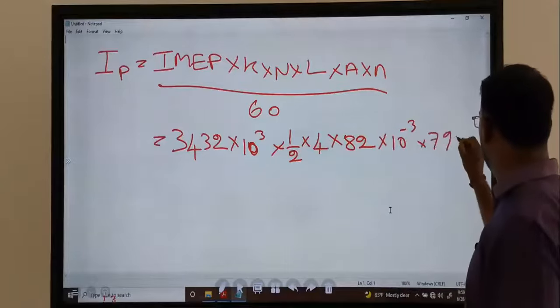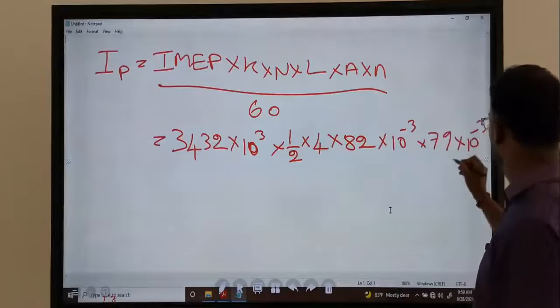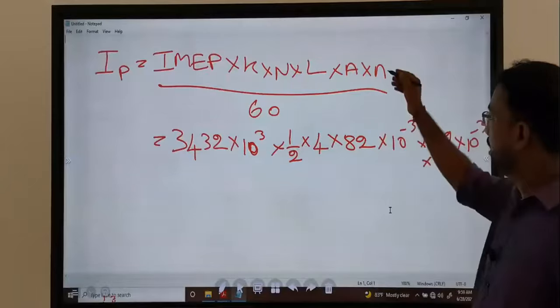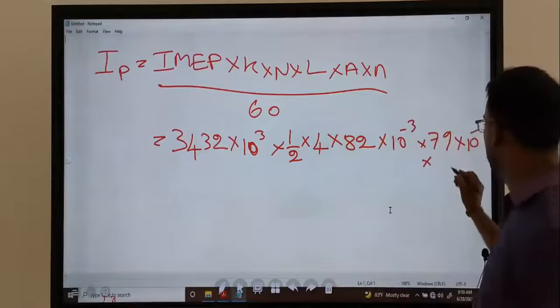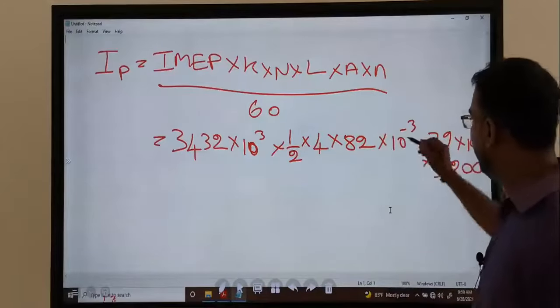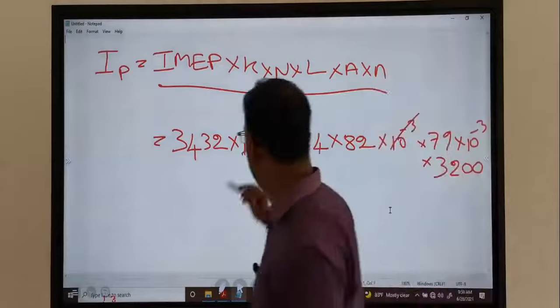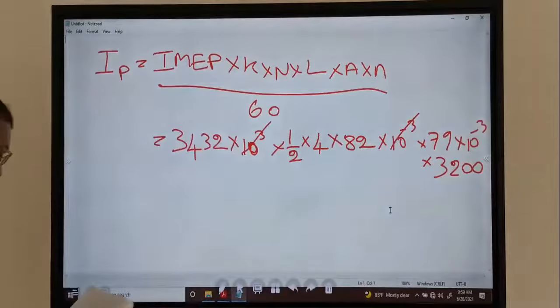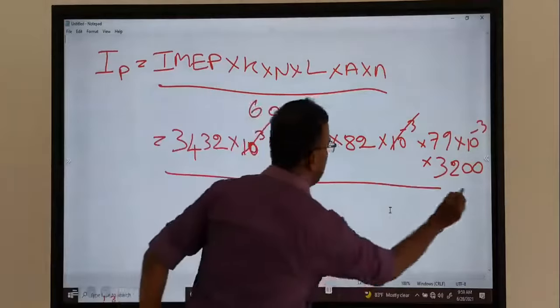A is 79 into 10 minus 3, and N is the RPM of the engine, that is 3200. So we can cancel this 10 minus 3 with 10 cube, under 60.